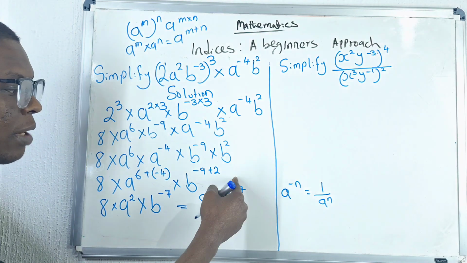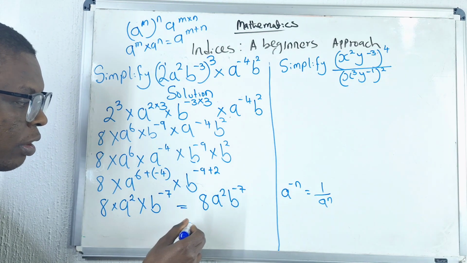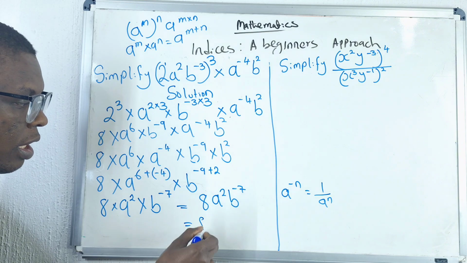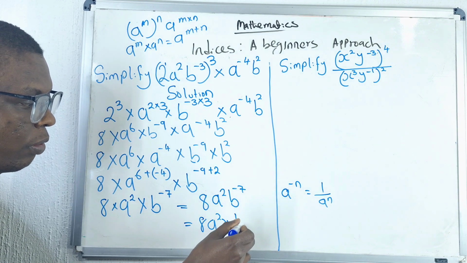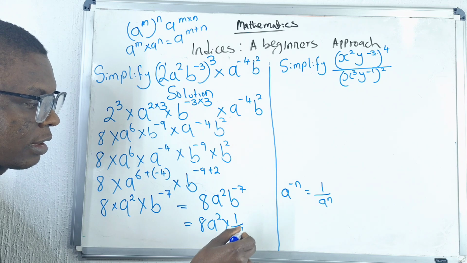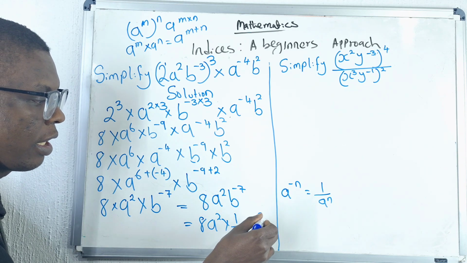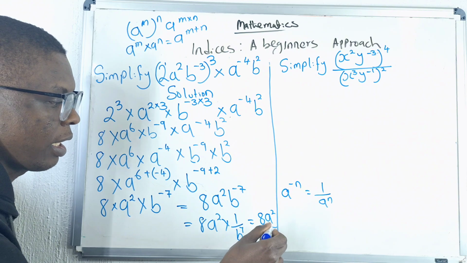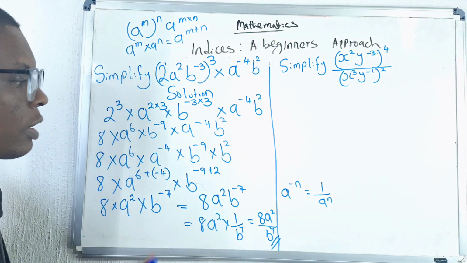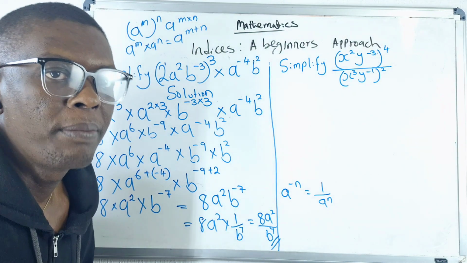So applying it here, where we have b raised to power minus 7, this will be 8 a raised to power 2 times 1 over b raised to power 7, which is 8 a raised to power 2 over b raised to power 7. So this is the solution to the problem.